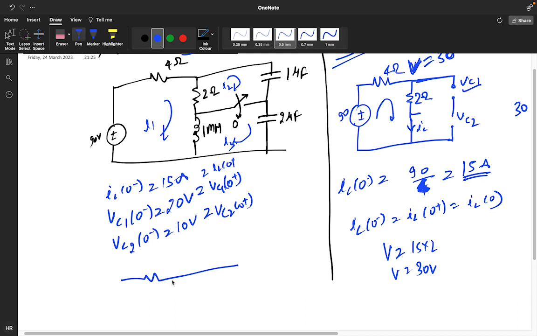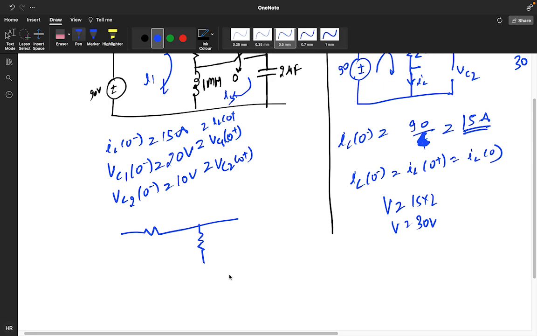We cannot apply the equations here, because we have various capacitors and various inductors. So I am making positive negative, taking it as a VL which has a value, because I am considering this circuit at t equals 0 plus.